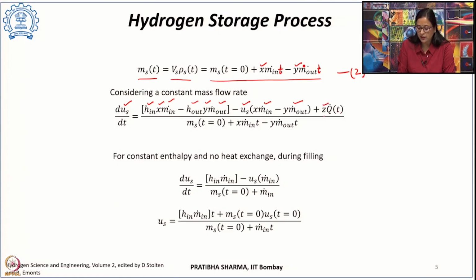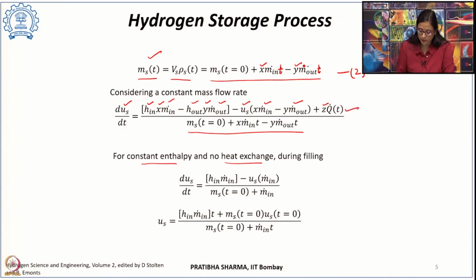Now, this z quantity for isothermal can be 1, for adiabatic this can be 0, and this is divided by the ms term. So, ms at t equal to 0 plus x m dot in t minus y m dot out t.